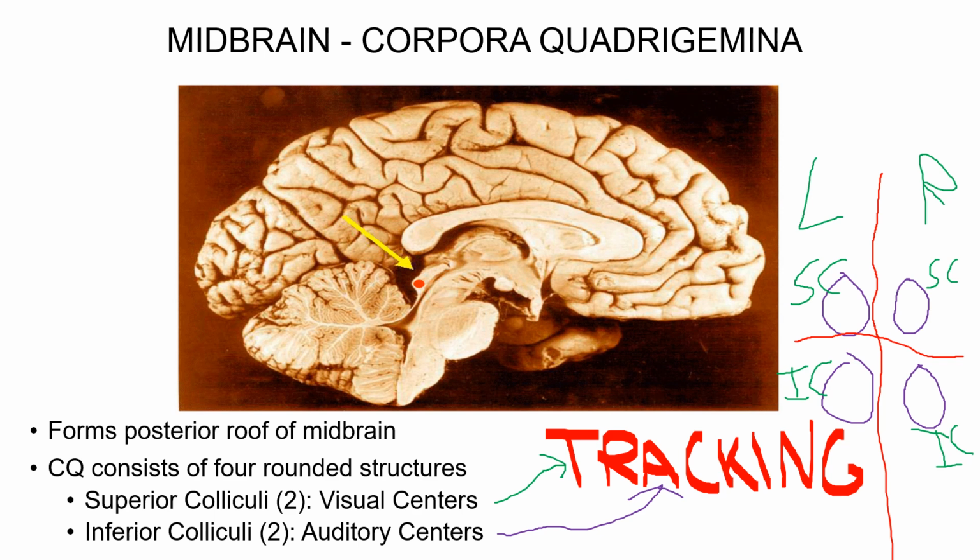Are they in front of you, behind you? Say that somebody dropped a book, or somebody's cell phone's ringing behind you in class. What makes you turn around to look at that person with the cell phone is the inferior colliculi. It tells you, hey, that ringing noise is coming from behind you. So that's what these colliculi, or the quadrigemina, do for you. Pretty cool.